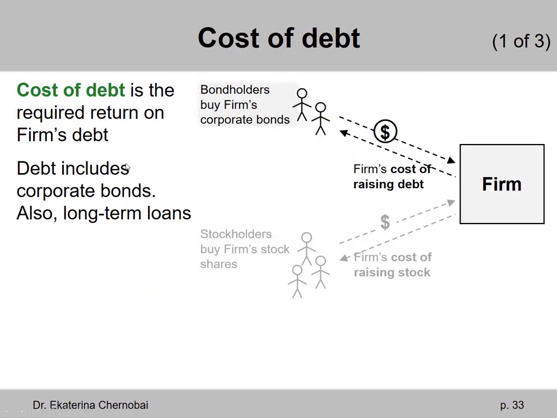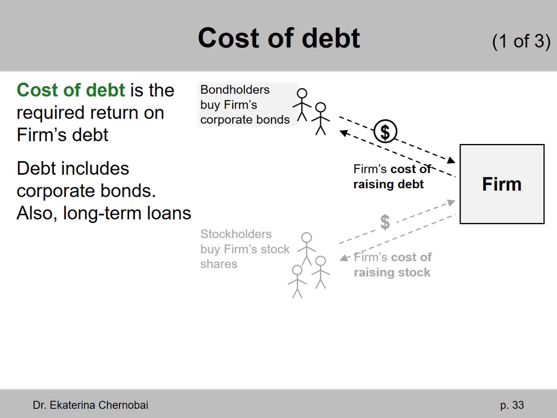And now let's look at the other source of capital for a firm, which is selling corporate bonds to borrow money from investors. So again, the money that goes back from the firm to the bond buyers is what we call cost of debt or cost of raising debt.